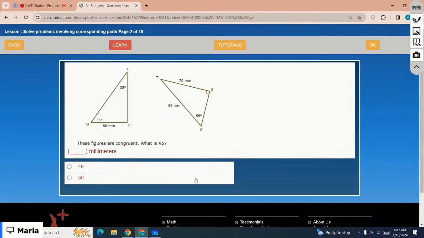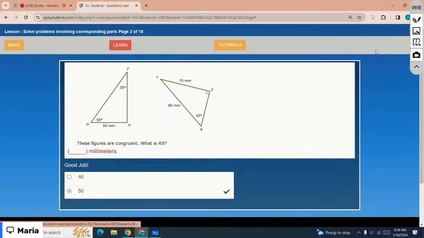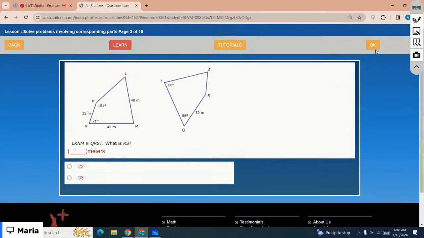Option number 2 is the correct option. LKNM is congruent to QRST.